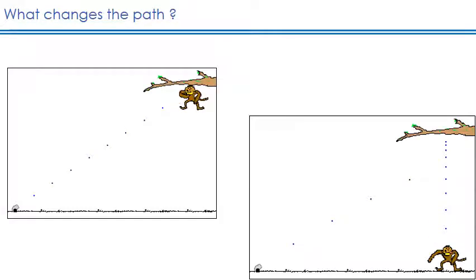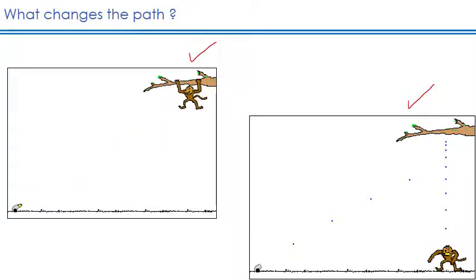You can see in these two examples, in the first case, the banana which is fired towards the monkey continued its direction of motion, but in the second example, a banana was fired in the same direction, but it changes its direction of motion.